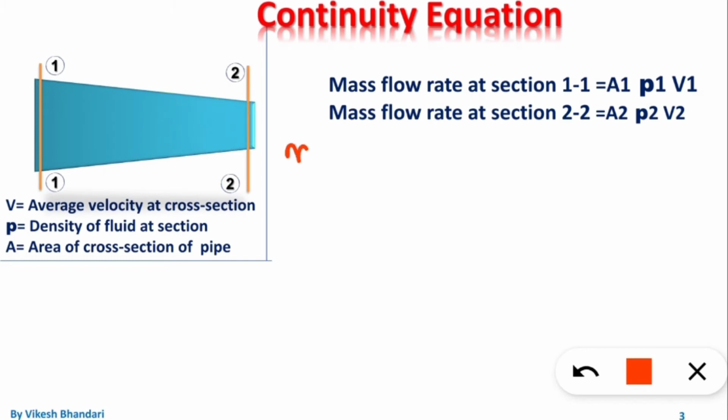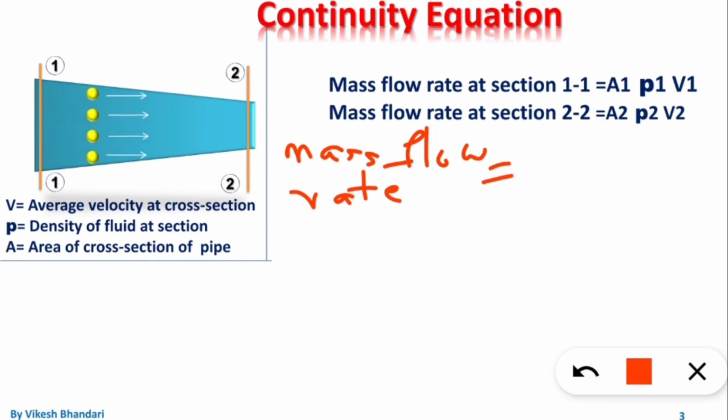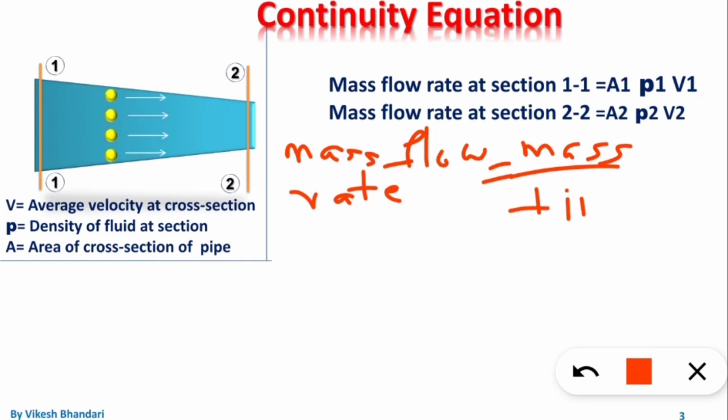What does mass flow rate mean? It is the mass of liquid that flows per unit time. I will take it as m by t.